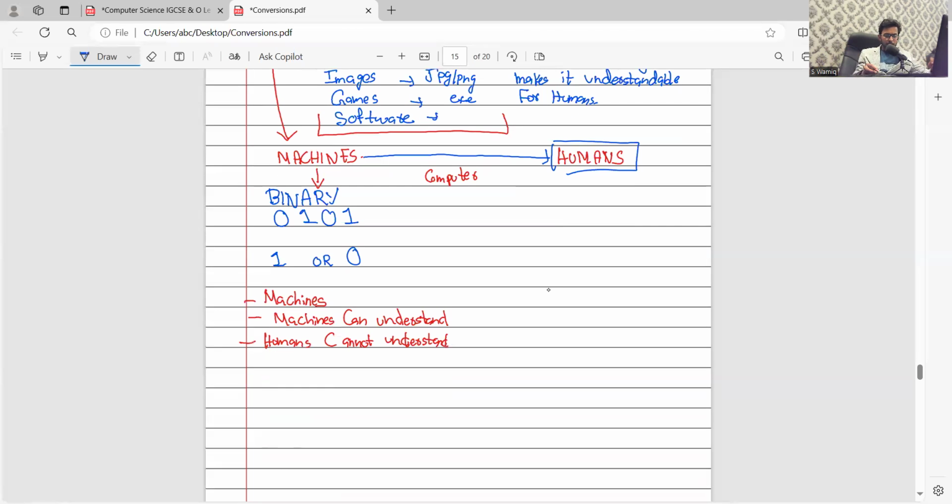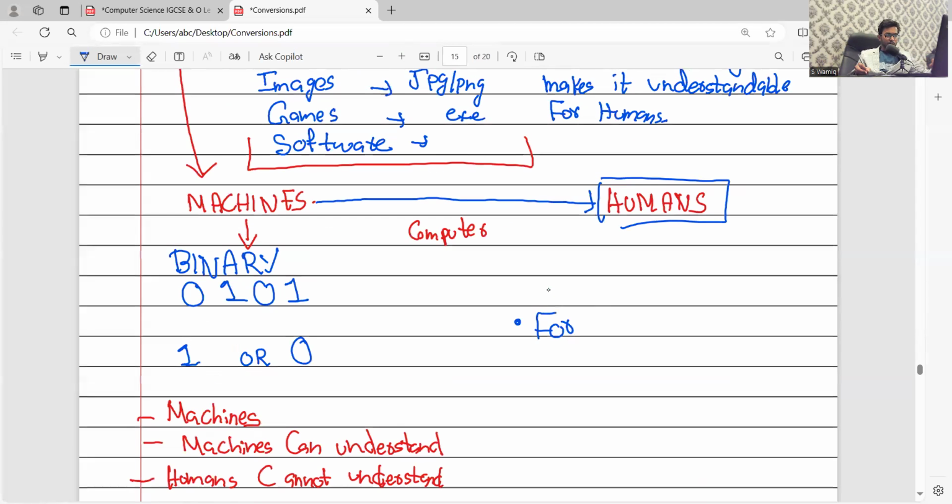I hope the concept is clear to you, and let me write it here for you as well, that for computers to understand data, it has to be converted into binary.